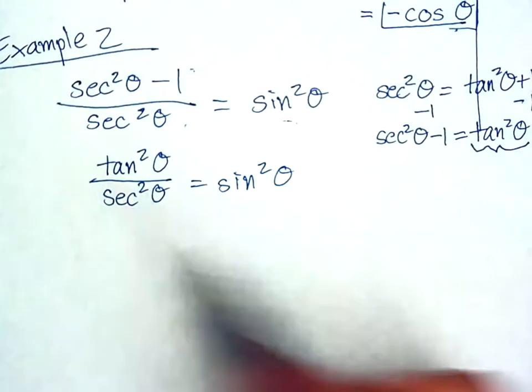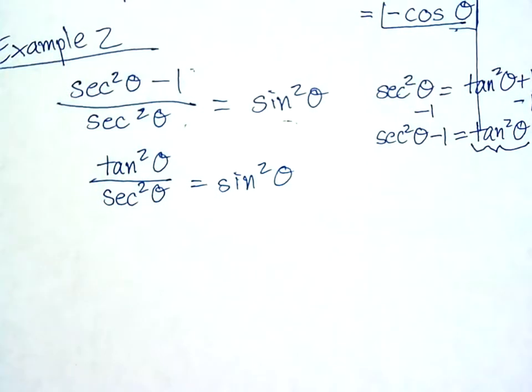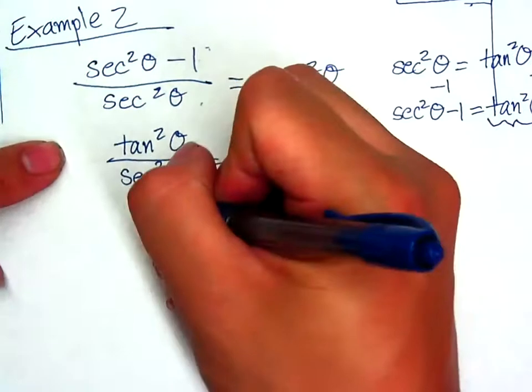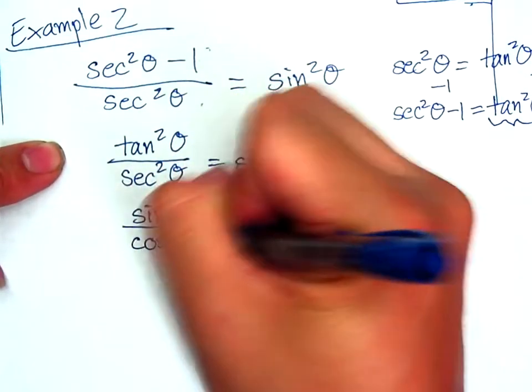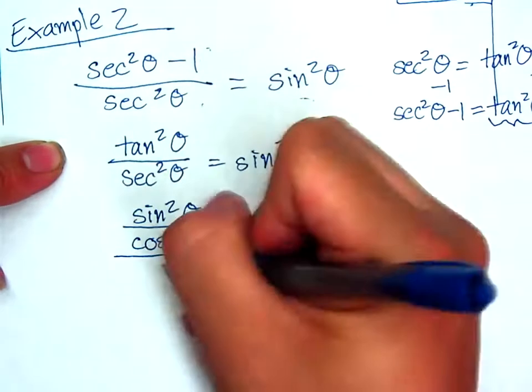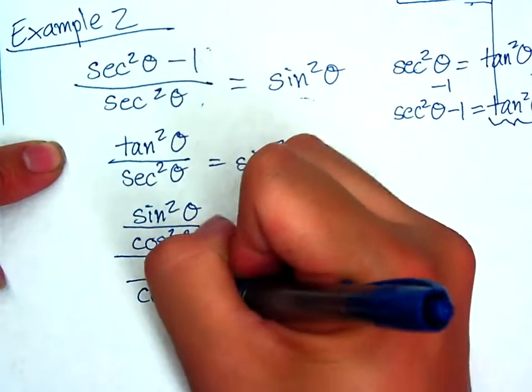Over here, at this point, they're already monomials, so the next best thing to do would probably be converting them into sines and cosines. So tangent squared would be sine squared over cosine squared. Secant squared would be 1 over cosine squared.